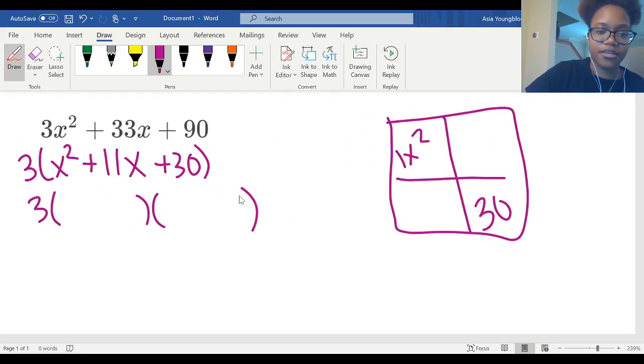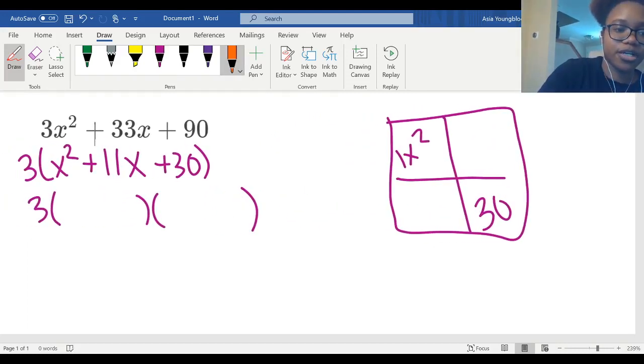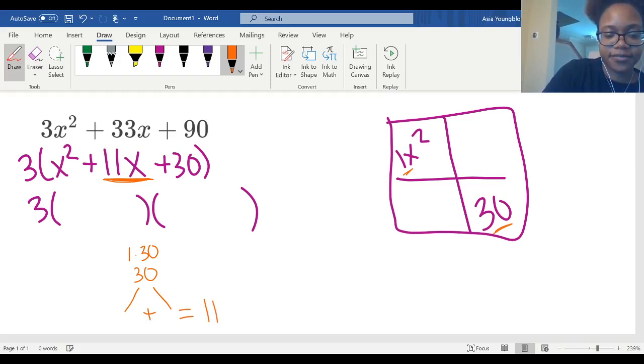So now, in the remaining two squares, we need to break up this 11x. So we are trying to find two numbers that are going to multiply to 1 times 30, which is 30, but they still need to add to that 11. So we need two numbers to multiply to 30 and add to 11.